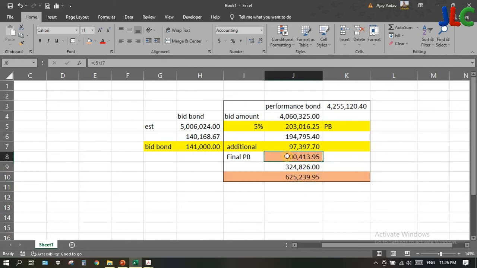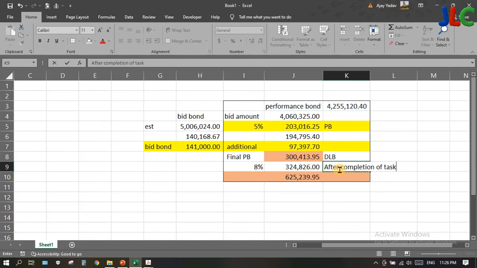Now this amount is returned after the DLP period, but this additional 8% would be returned to the contractor after completing the task. This was taken as a guarantee that the contractor would not run away.